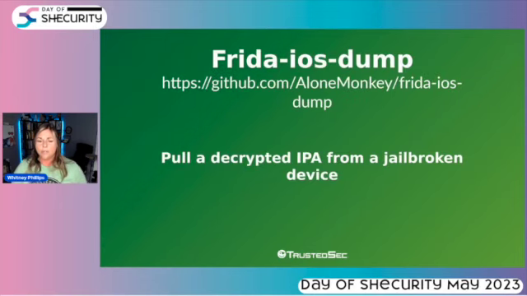Back to, and I'm jumping around a little bit. So obtaining the IPA. If you were to install the IPA from the iOS App Store, you can use Frida and Frida iOS dump to take a decrypted IPA file from that jailbroken phone.